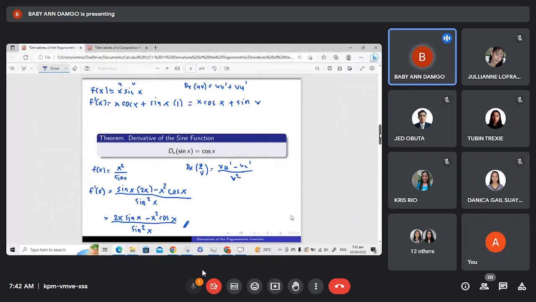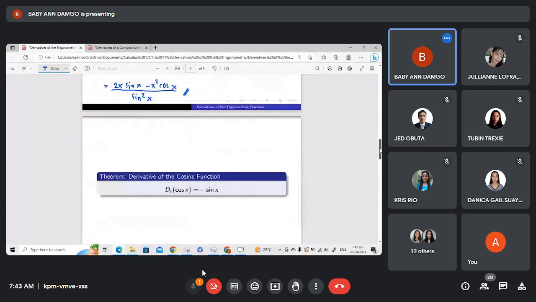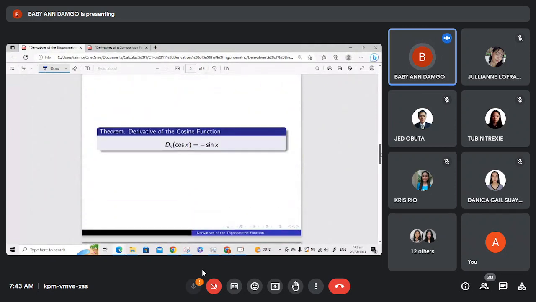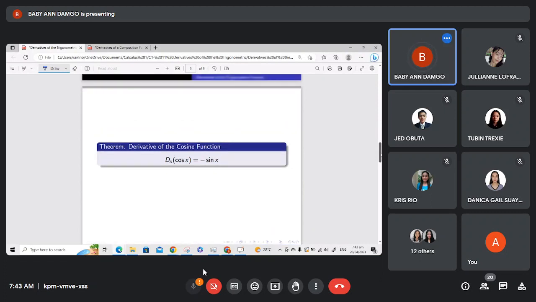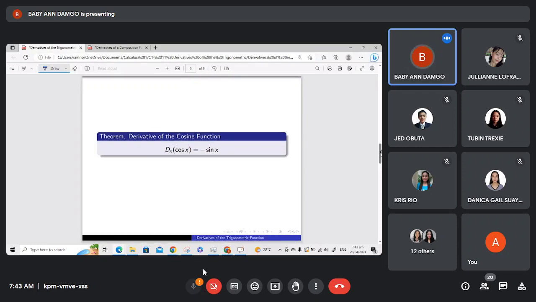So, for here, okay, so, another, the derivative of the cosine function, this is just equal to negative sine x. Okay, so, for example, if you have f of x which is equal to x squared cosine x, so, ato ang gamiton ani is product rule.